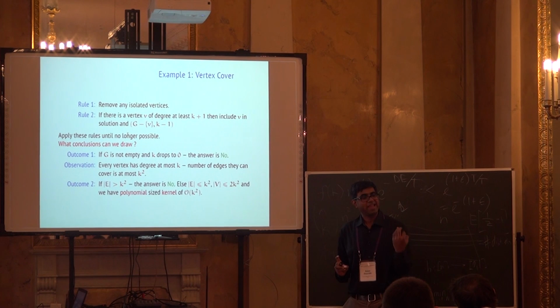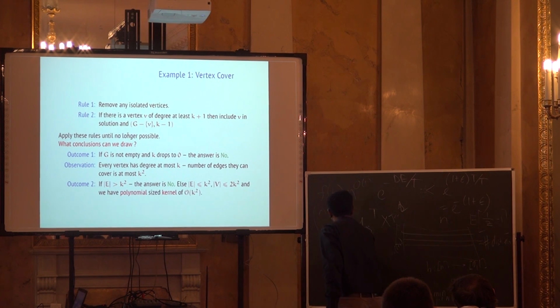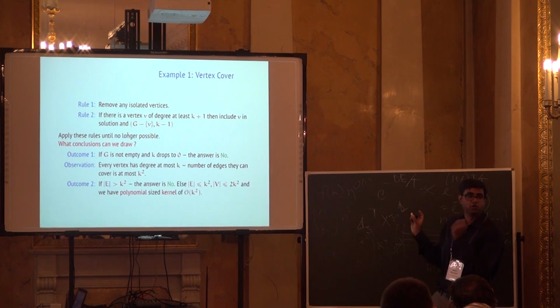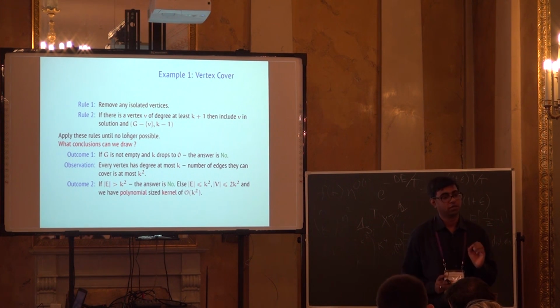Now what is n? n is upper bounded by 2 times k square. So we have an algorithm which runs in time 2k square choose k, and I will forget the polynomial factor. But this is some function of k, right? So we do get an FPT algorithm when we have a polynomial kernel. Try a brute force, right?